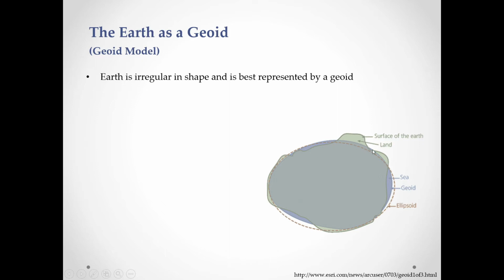So it is not a pure sphere. It is not a pure ellipsoid. It is irregular in shape. To describe those irregularities, the Earth is considered as a geoid model.